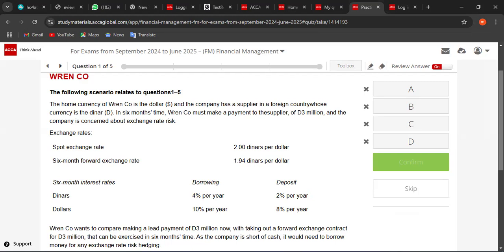In 6 months' time, the company must make a payment to the supplier of 3 million dinar and is concerned about the exchange rate risk. The spot rate has been given, the 6 month forward has been given, and then the 6 month interest rates for both, borrowing and deposit.